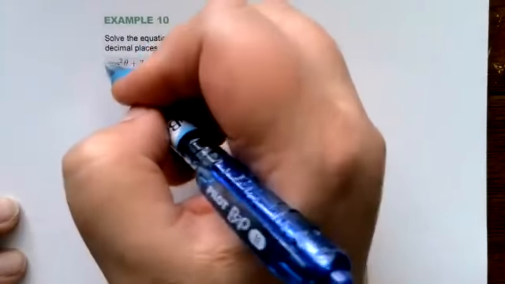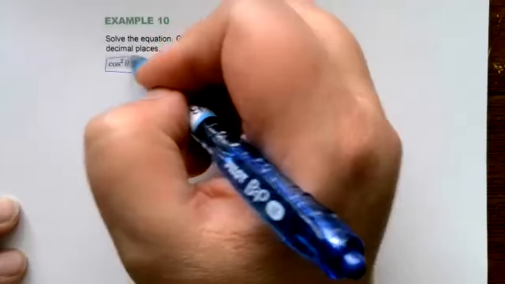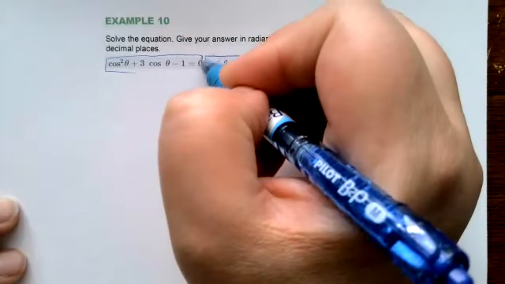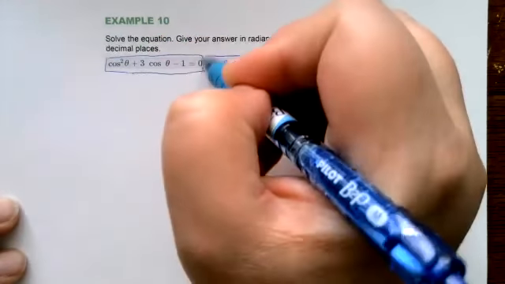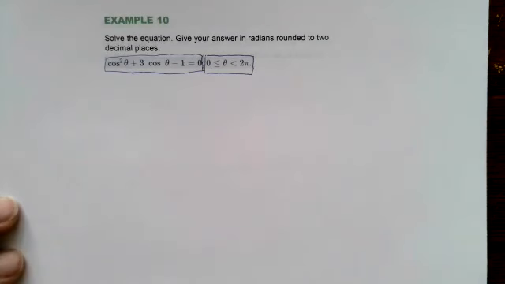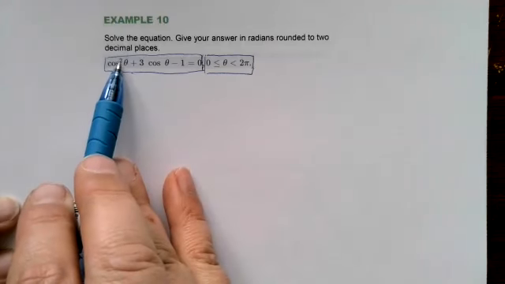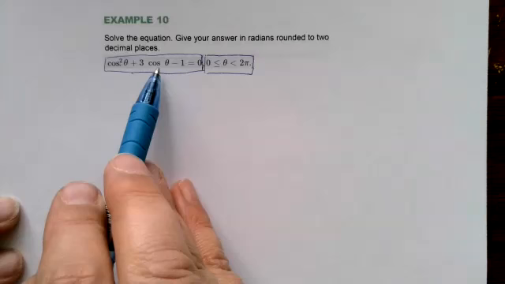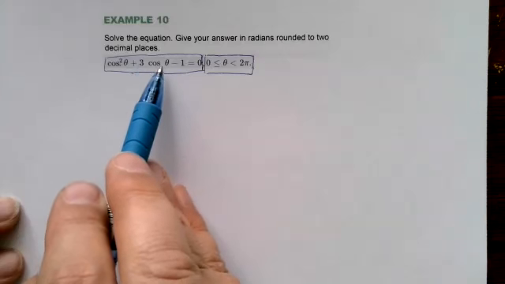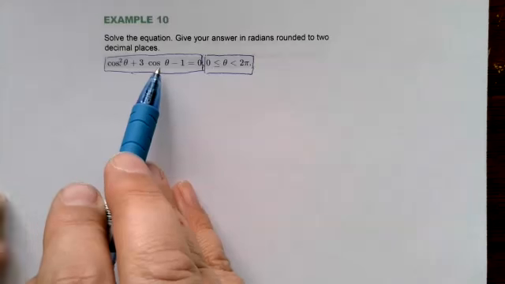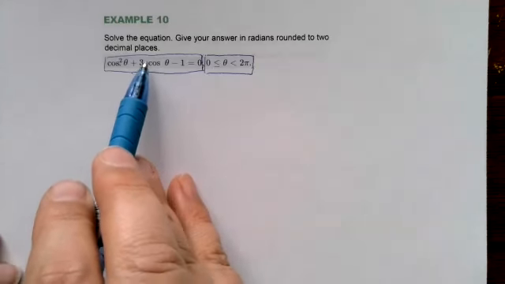Okay, so this is a quadratic equation. How do you identify a quadratic equation? Well, we have our variable that's squared. Then we also have our variable that's not squared, doesn't have any power, or you could say has a power of 1.